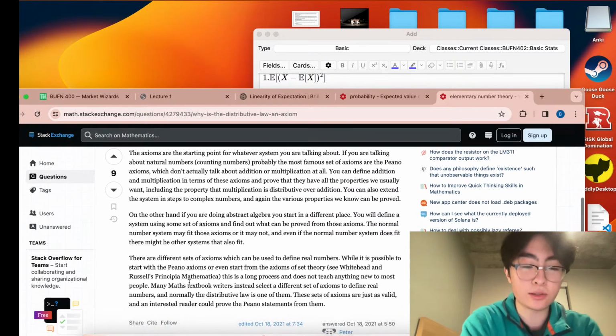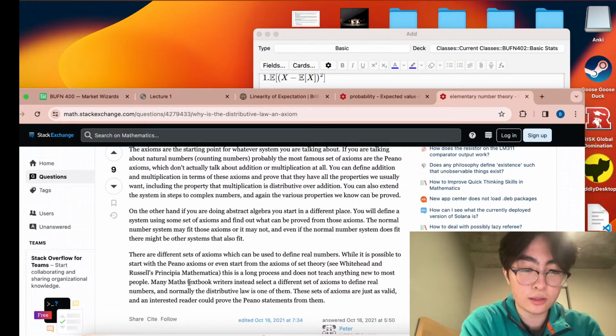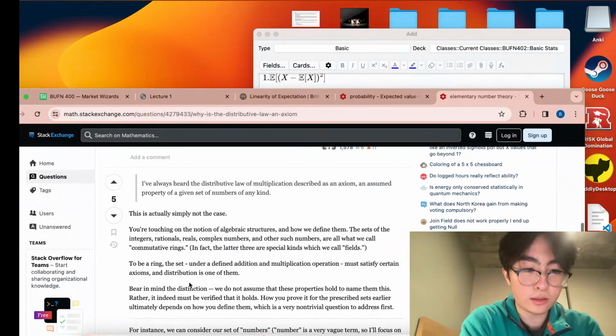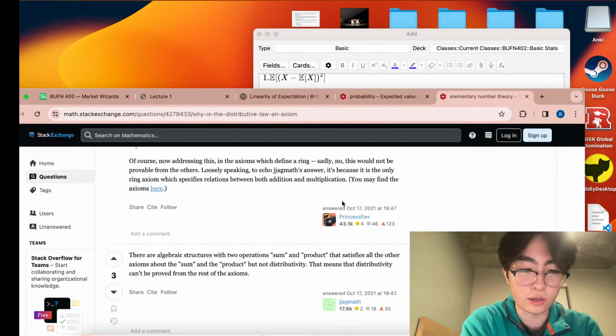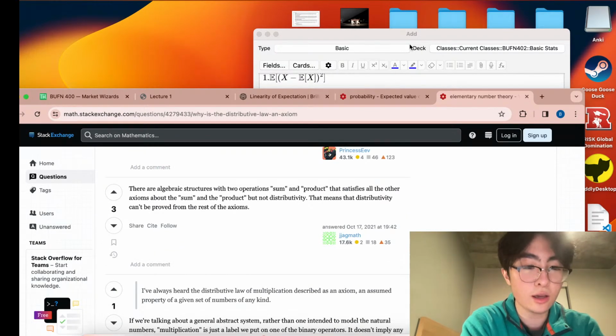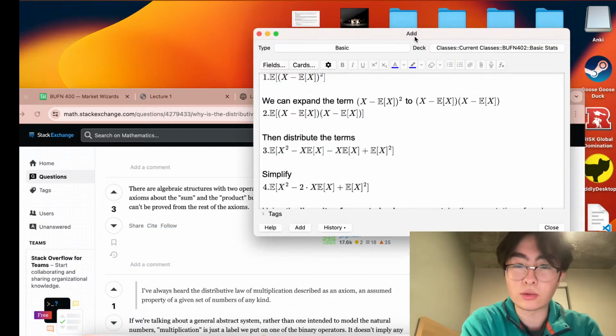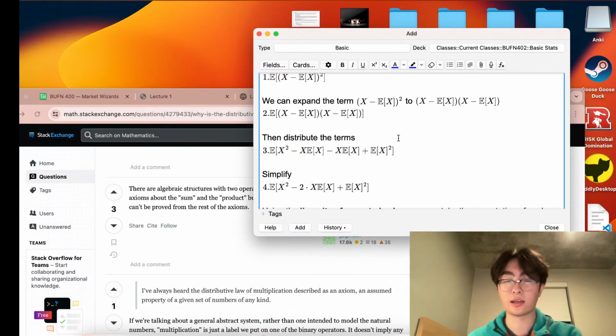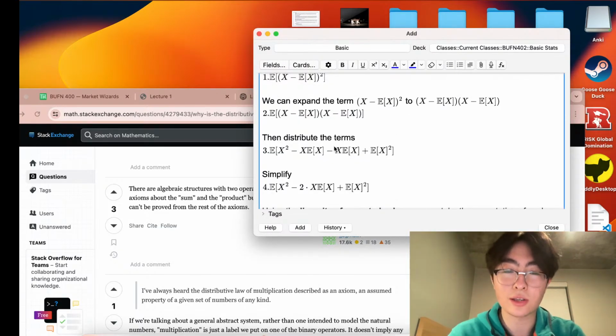The axioms are the starting point. Okay, these guys are getting into an argument that I don't really fully understand, so I'm going to skip that for now. I think I might get too deep into the weeds.